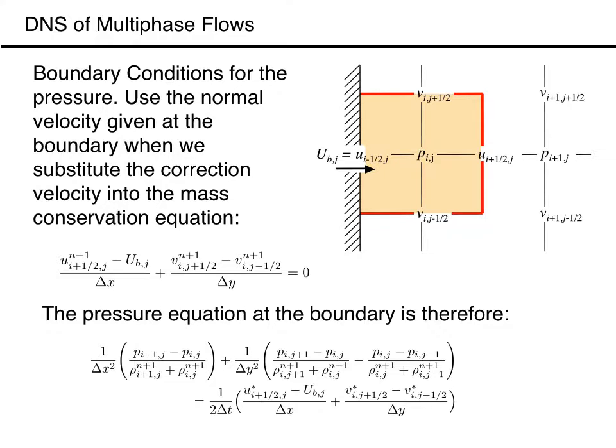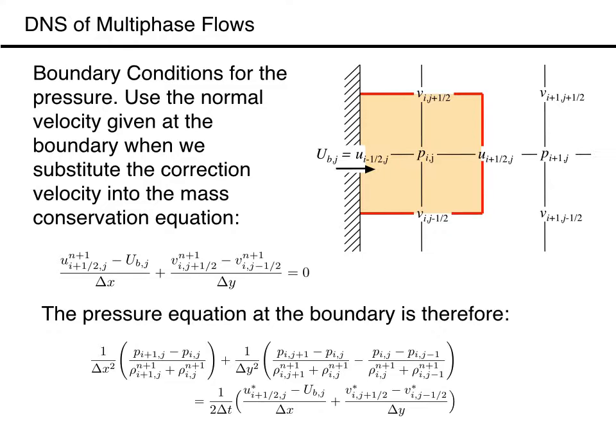However, since ub is known, there is no need to replace it, and the resulting pressure equation therefore does not include the pressure to the left of p_i,j, and in the divergence of the predicted velocities, we replace the predicted velocity at i minus a half, j by ub.